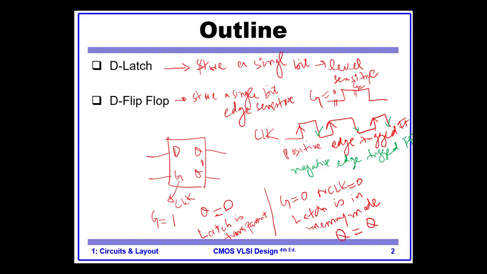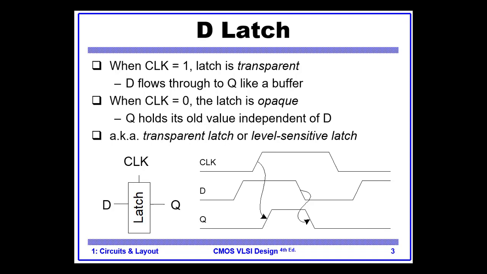So let's move to the first one, which is the D-latch. So as I told you that it depends on the gate or clock. So this is the gate or clock.